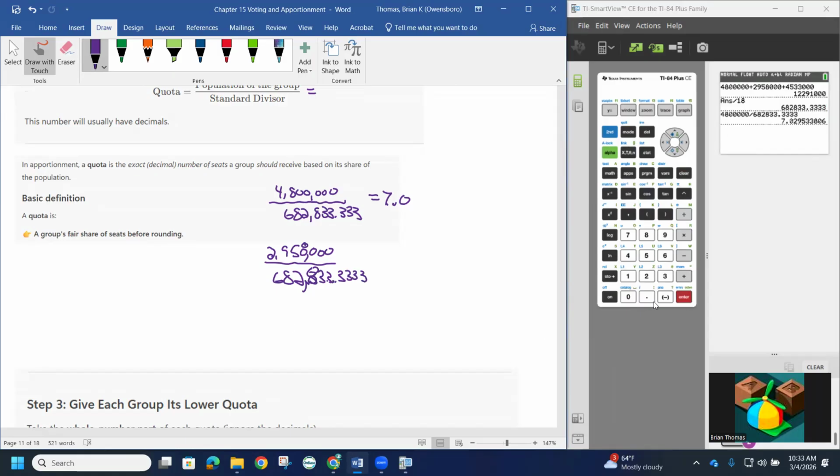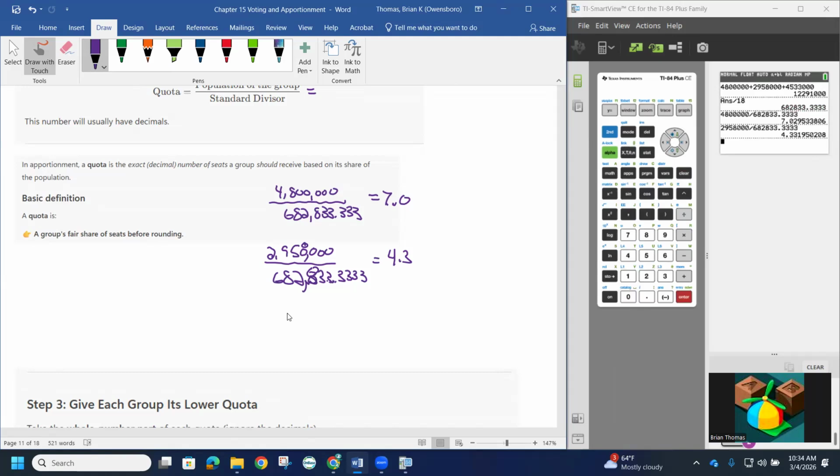So again, I'm going to type in 2,958 and then three zeros. So that's the population. Then I'm going to divide it by that standard divisor again. And that's going to give me 4.3. But again, I have the real decimal on my calculator.